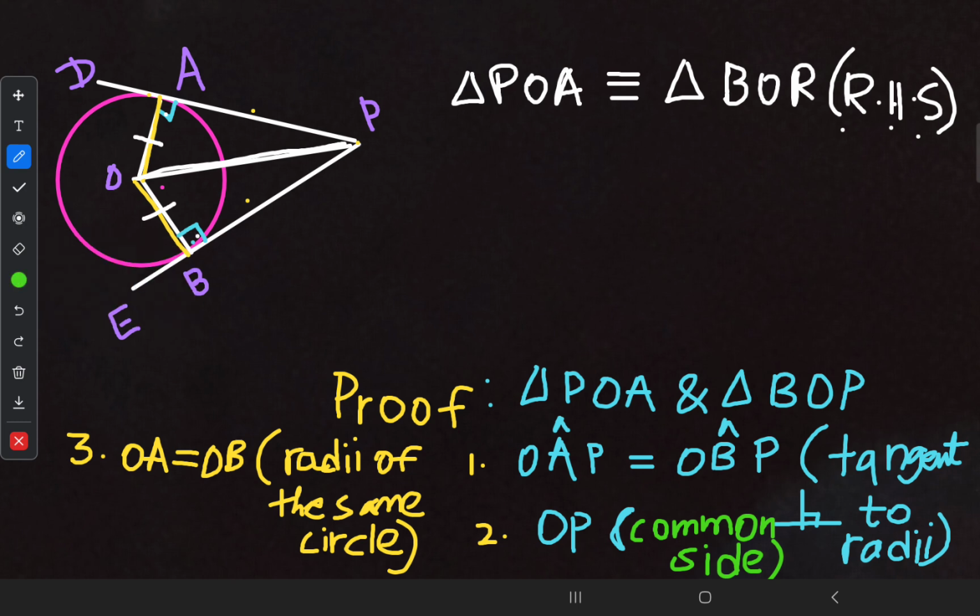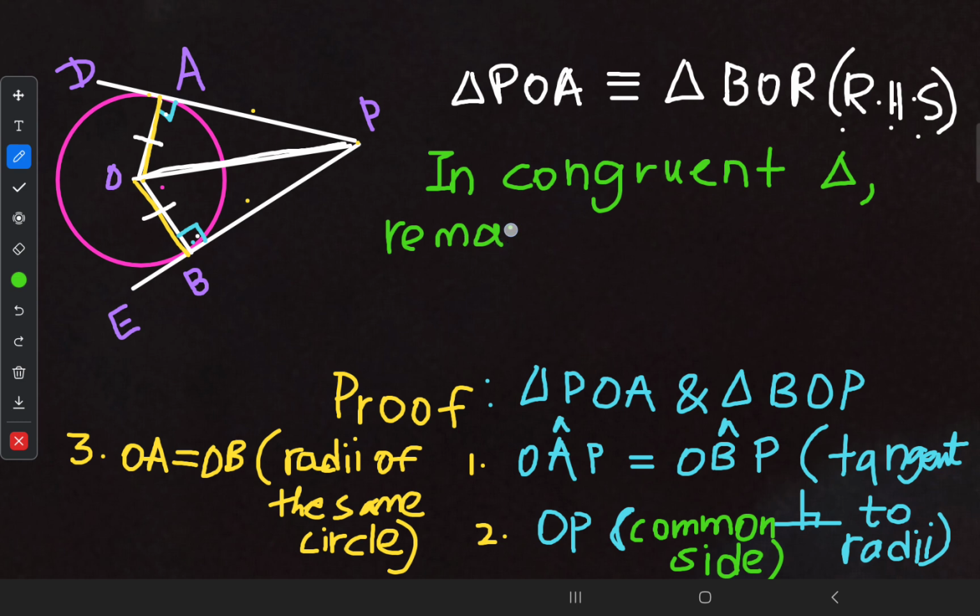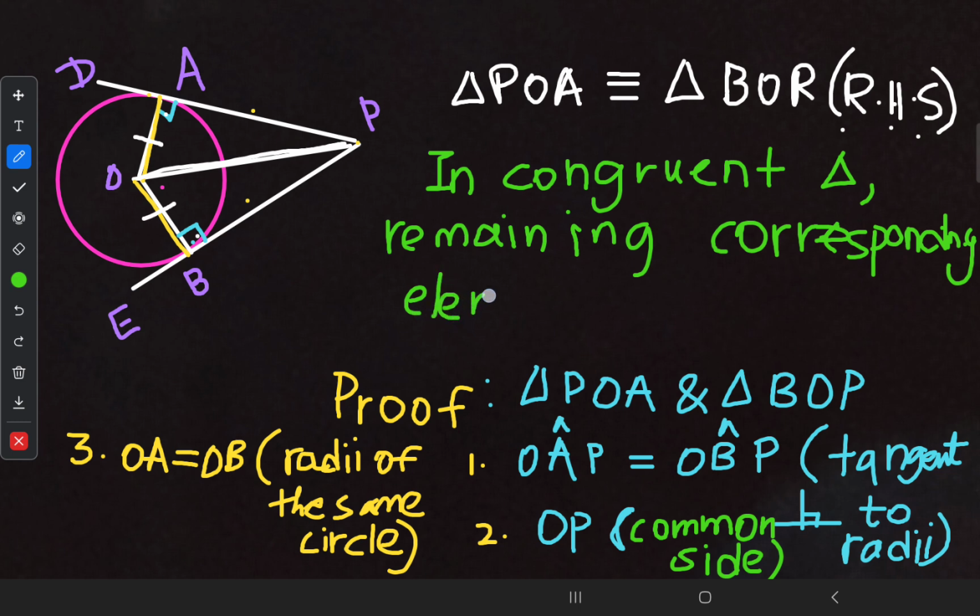Then after, we have to write: in congruent triangles, remaining corresponding elements are also equal. You should remember this statement.